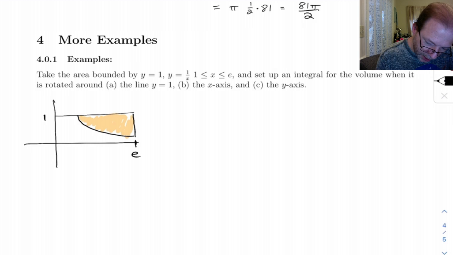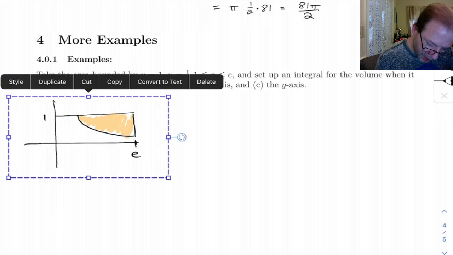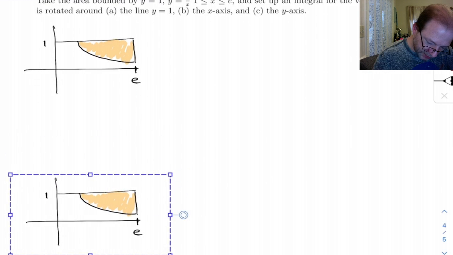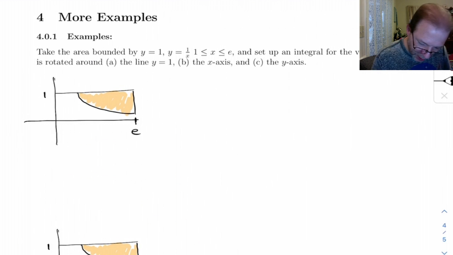And I'm going to go ahead and make a few copies of this for each part. This is only telling us to set it up. I'll just make one copy for now before I wreck it. All right, first part says rotate around the line y equals 1.